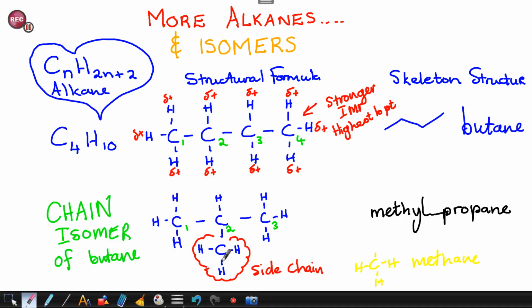Technically, joined to this methyl must be the number of the carbon atom to which it has joined. So it is 2-methylpropane. But the 2 in this example is irrelevant, because it can't join to the third one and it can't join to the first one, because if it joins to the third or the first one, it is the original structure of the molecule. It's butane.